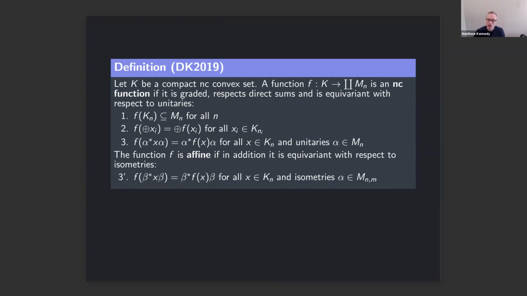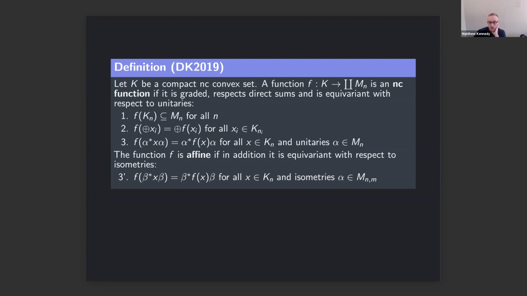So if I want an analog of an affine function, then I want something that respects NC convex combinations. And that means that it should be equivariant with respect to isometries, like the elements in the previous slide were. But more generally, I want to consider functions that are equivariant with respect to unitaries, which is a weaker condition because every unitary is of course an isometry.